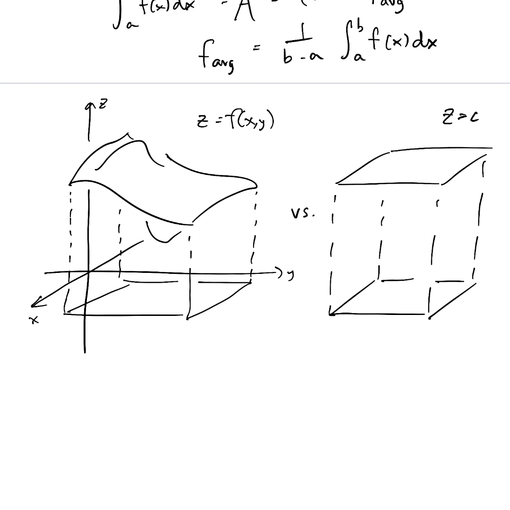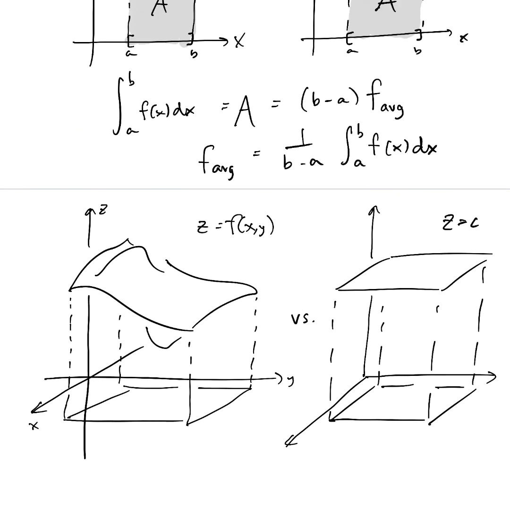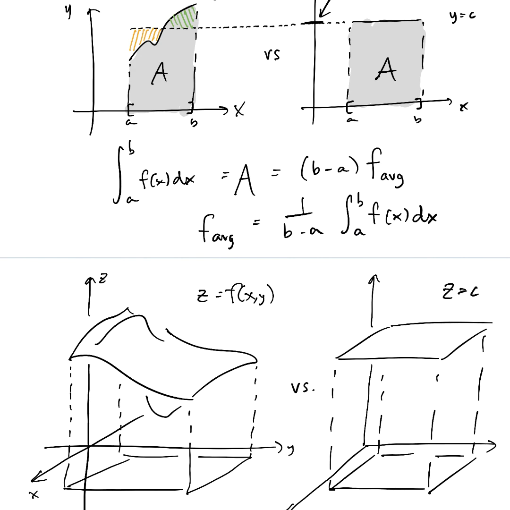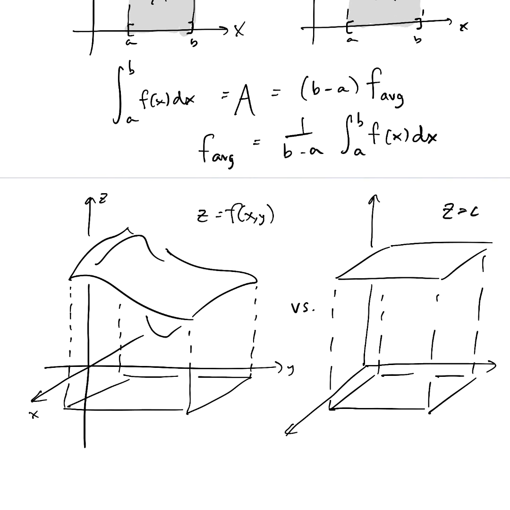And you could try to arrange c so that the total volume was the same on both pictures. So let's put in those axes again. So it's the same story as up here. Only up here we were talking about area. Now we're talking about volume, but if you were interested in the total volume under there, then maybe you're interested in all this.